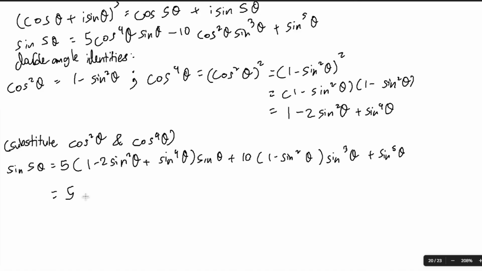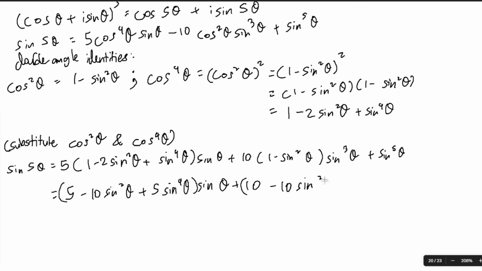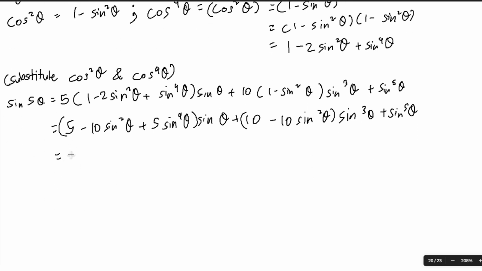So we would have 5 minus 10 sine squared theta plus 5 sine power 4 theta, times sine theta, plus 10 minus 10 sine squared theta, times sine cube theta, plus sine power 5 theta. Then just do the rest of the multiplication.